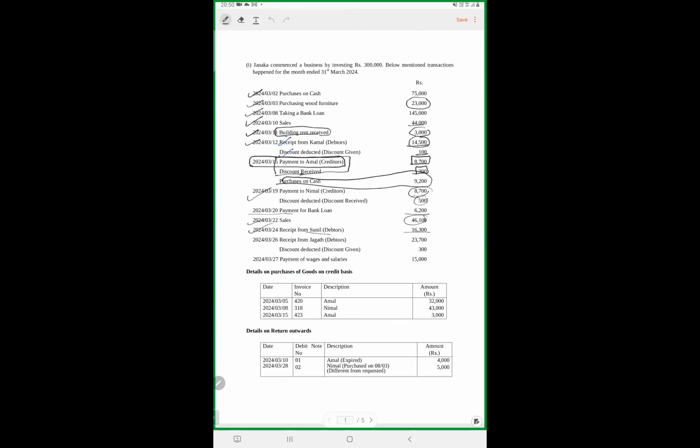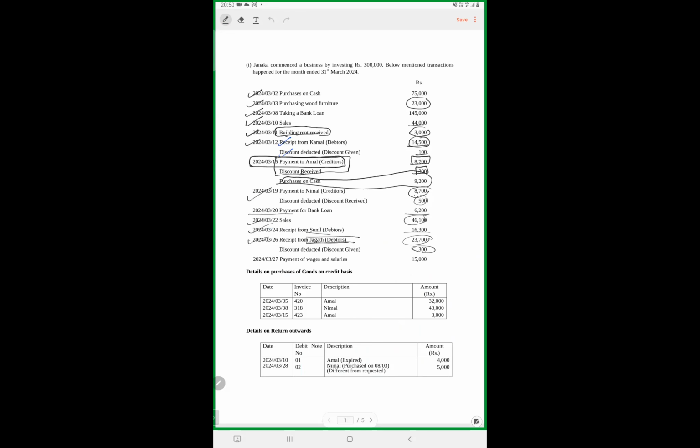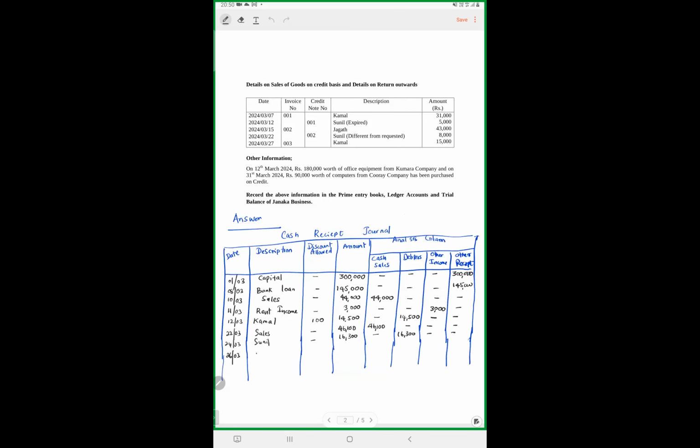The next one, we are receiving money from Jagat, 23,700. Then also we are giving the discount. So if we are receiving the money, it means we need to record it in the cash receipt journal. 26 March from Jagat.